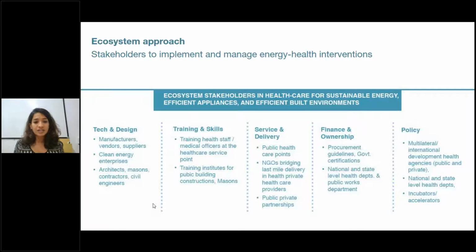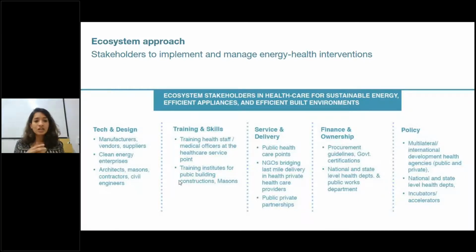So our effort is really to work with stakeholders across these 5 broad brackets of technology and design, where we're looking at manufacturers, vendors and suppliers of efficient equipment, both medical as well as electrical equipment, clean energy enterprises, and because there is a strong built environment component, looking at architects, masons, construction workers, etc.